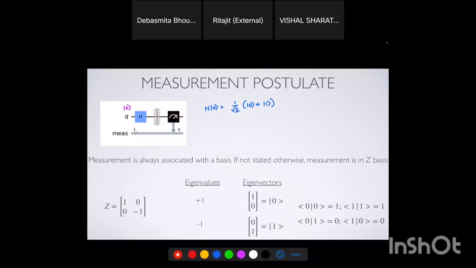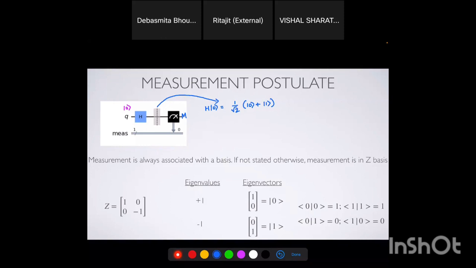Up to this point, we have this particular state, 1 over root 2 (0 plus 1). Now, whenever we say that we are going to measure, this meter box means measure. Whenever we are measuring, it is always associated with some basis. So what basis? If not stated otherwise, we always think that it is the Z basis. So what is the Z gate?